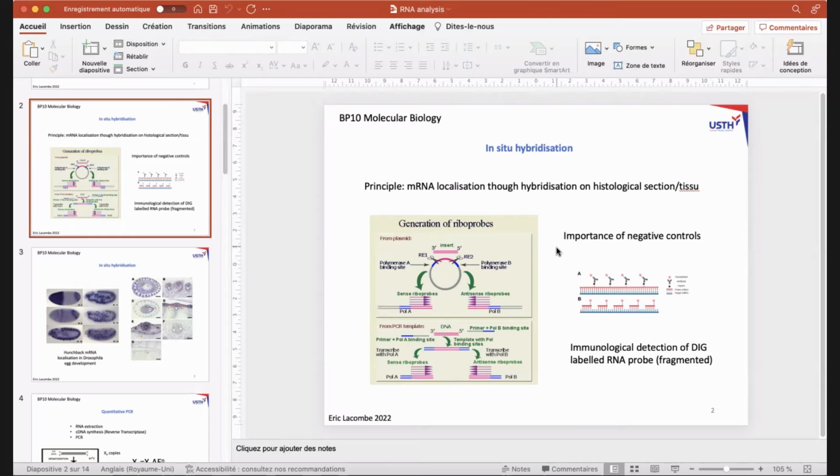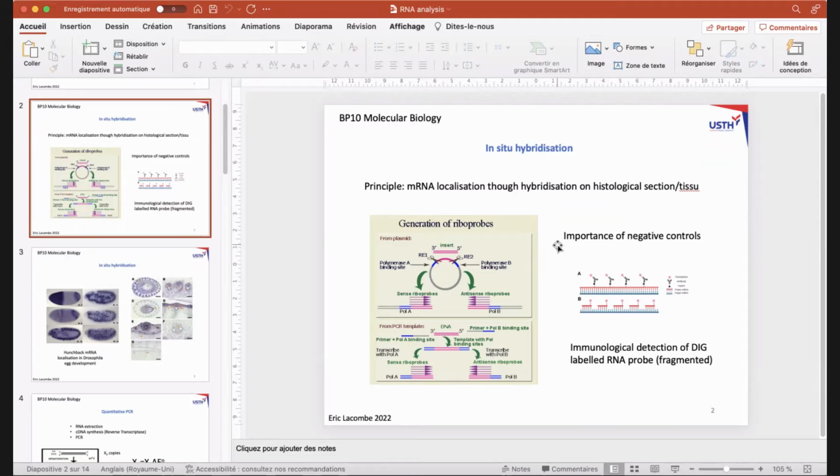The idea is you want to use a specific probe to detect cell by cell where the gene is active, where the mRNA is present. Because there is a lot of non-specific binding of the probe, we need to use another probe which is different from the target and do the experiment on almost the same sections in order to have an idea of the general background of the hybridization.